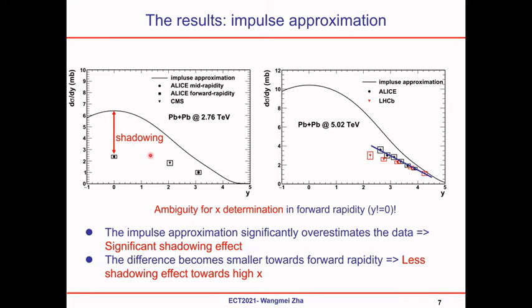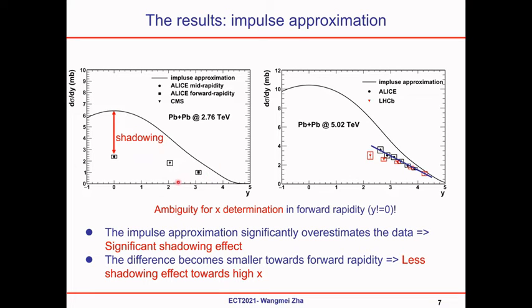At middle rapidity, it's a special case because the low x contribution and high x contribution, so the x is equivalent, so you can directly get the shadowing for middle rapidity. However, for forward rapidity, it has high x and low x contributions, so you need to convolute that out. But mainly the low x contribution is dominant.